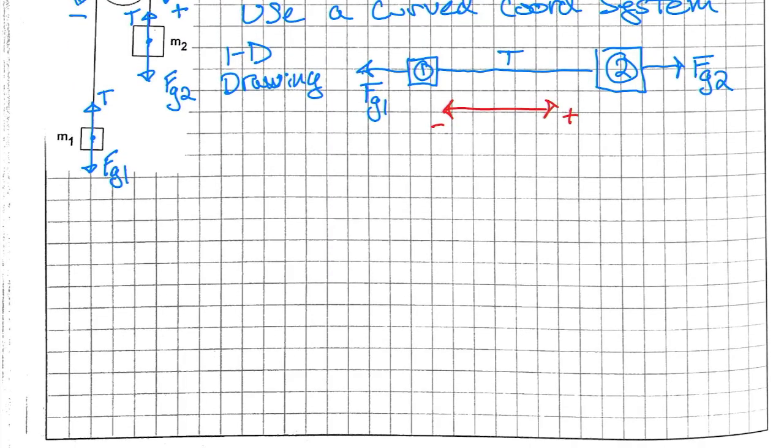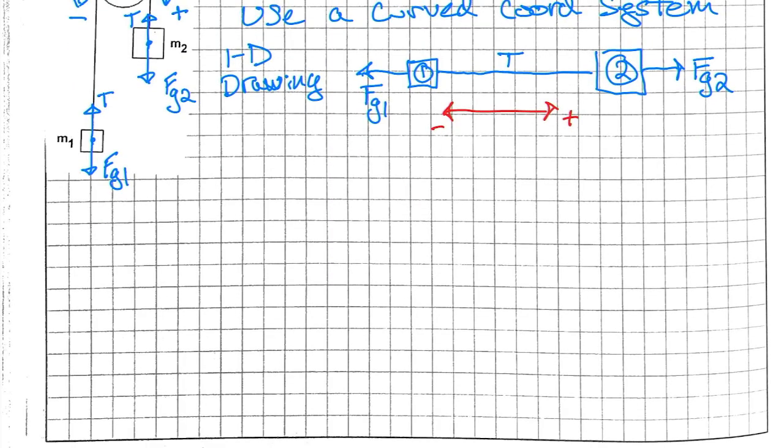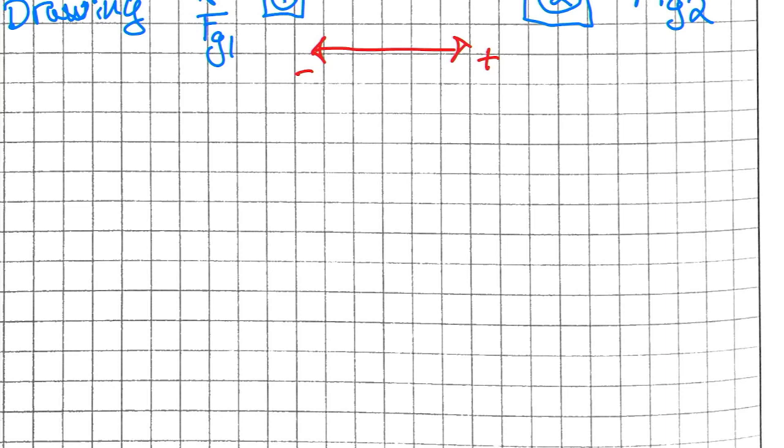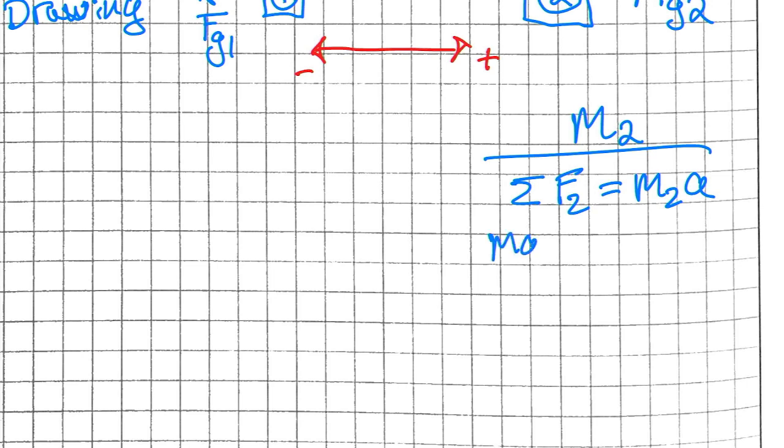So, a standard way of applying Newton's laws here is to say that I'm going to deal with M2 first. For M2, we have sigma F2 equals M2 times the acceleration. The sum of the forces on M2, we had mg down on the right, which was positive, minus tension, and that should be m2g. Right, we've got to be careful with our masses.